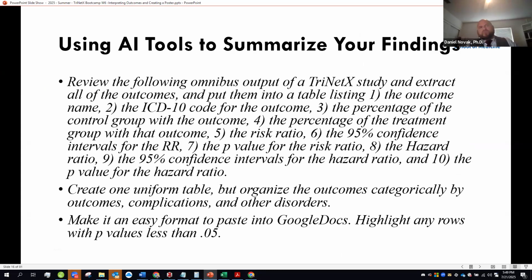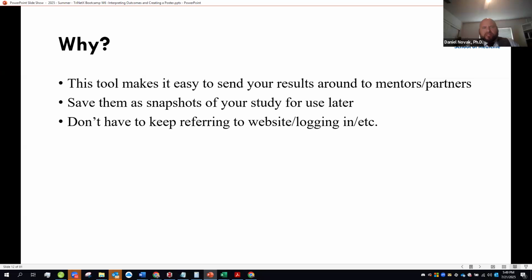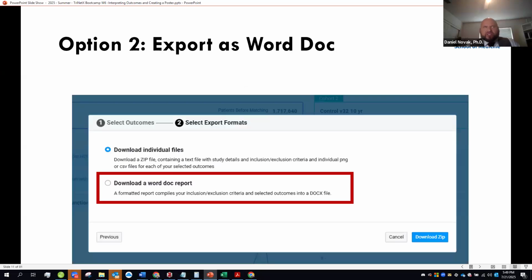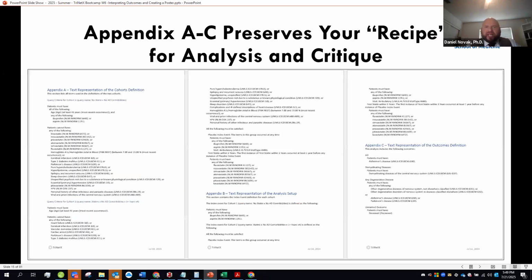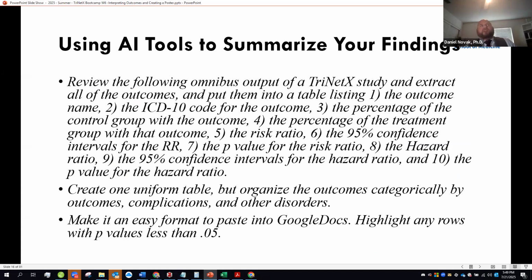One thing you can do that we're going to talk about a little more in a little while is you can actually use this Word doc that you export to help with developing write-ups using AI. I know this is very controversial, and there's all sorts. This is a very new technology, and it can be very challenging to know what's ethical to use AI for in writing your manuscripts. But I'm going to advocate for, sometimes we're making steak when we're writing papers, and sometimes we're making hamburger.